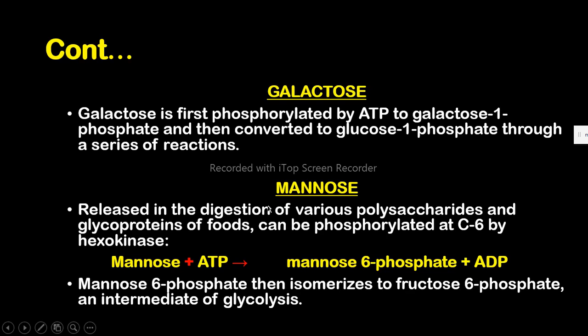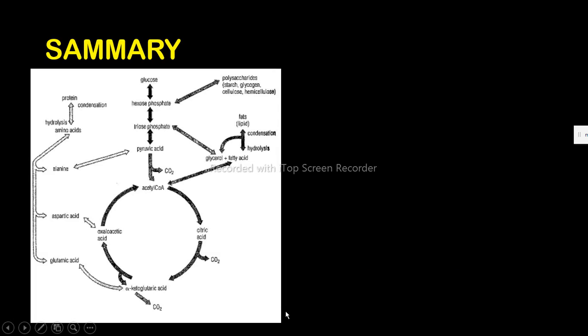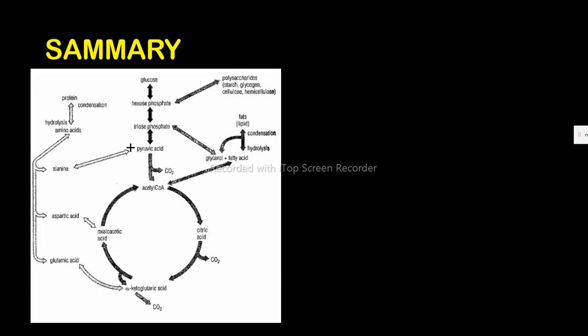Now I want you to have a look at this. So you can see, this is a summary of metabolism. This one is our main respiratory cycle.